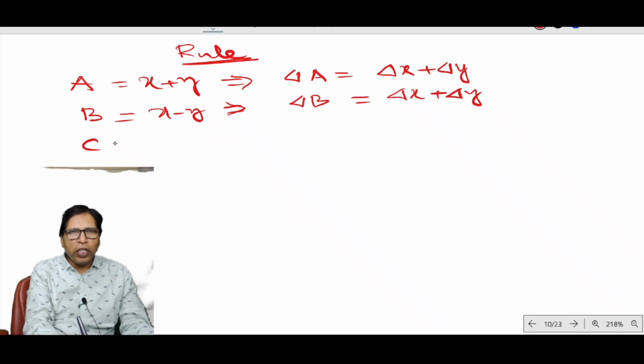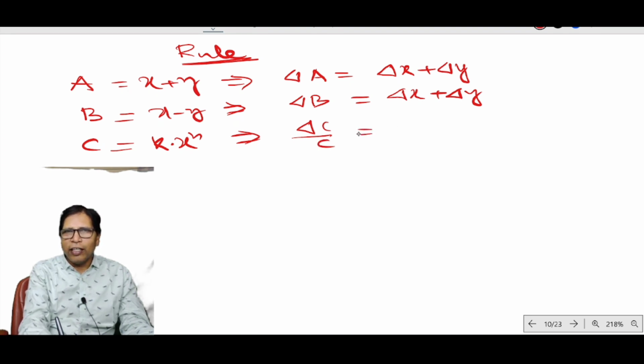Now suppose c equals constant k times x to the power n. In this case the relative error delta c by c equals n into delta x by x.